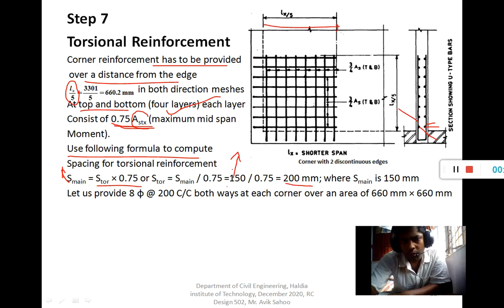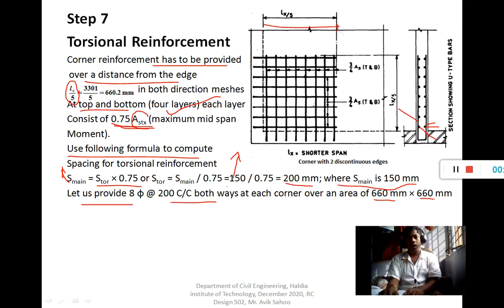So the spacing is 150 mm at the middle, we just divide by 0.75 and we get 200 mm as the spacing. Let us provide 8.5 at the rate of 200 center to center both ways at each corner over the area 660 mm into 660 mm, which is Lx by 5.